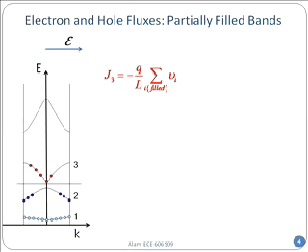In this case, you have more electrons going to the negative side compared to the positive side, you can easily see, and as a result, the current will no longer be zero. What precise value it is, we will calculate later on. But the point is that in this case, on a partially filled band, the current will not be zero.